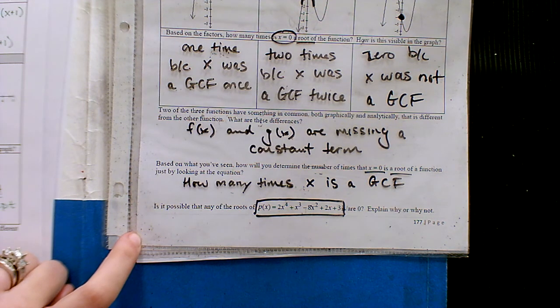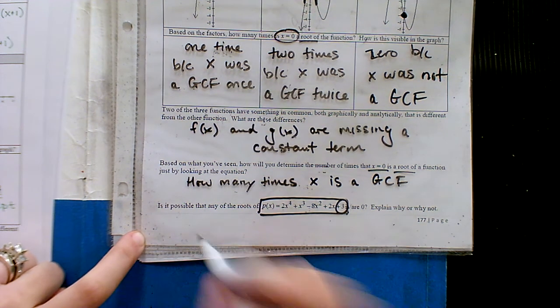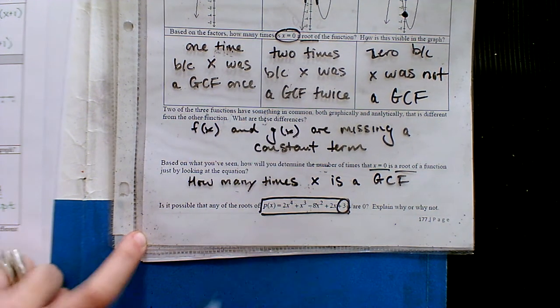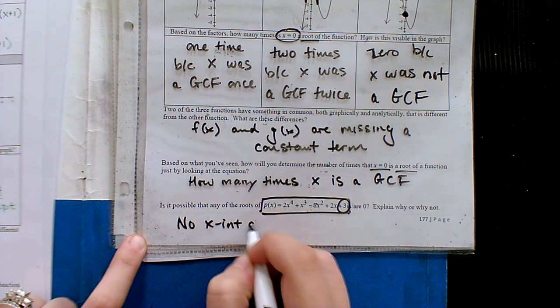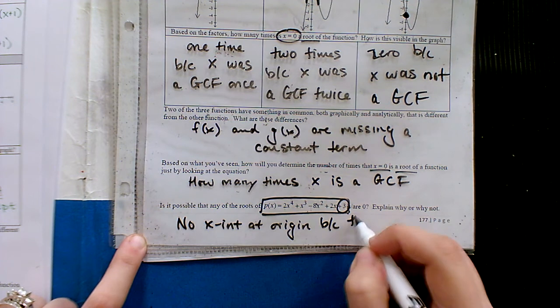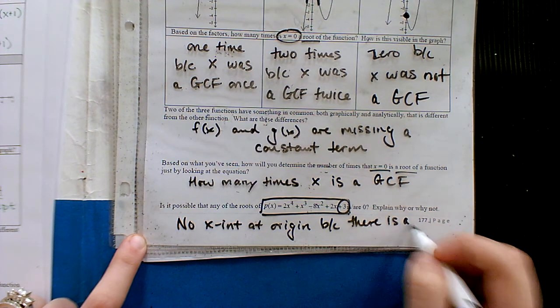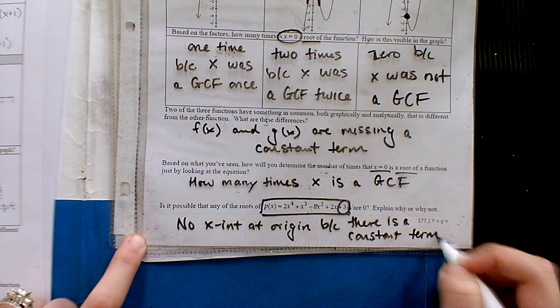What do we think? How many times is x a GCF? Yeah? There's a constant term. All right, so we'll say no x-intercept at the origin because there is a constant term.